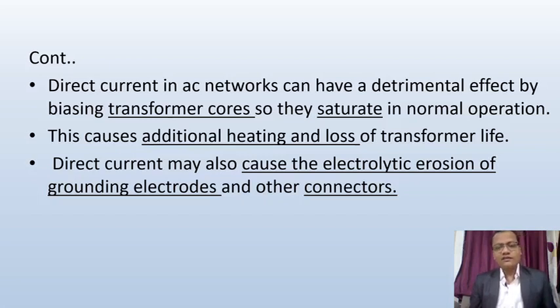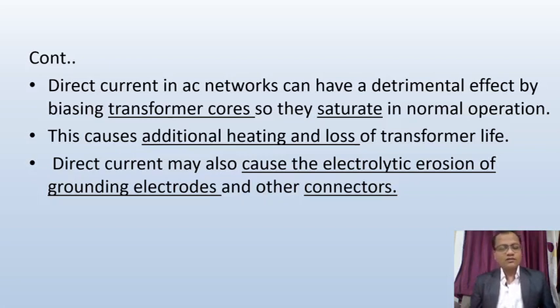If any direct current in an AC network enters the transformer core, obviously the core gets saturated, because we know that the transformer works on the mutual induction principle. Then of course if this saturation occurs, heating losses will be there, and transformer life may get reduced.